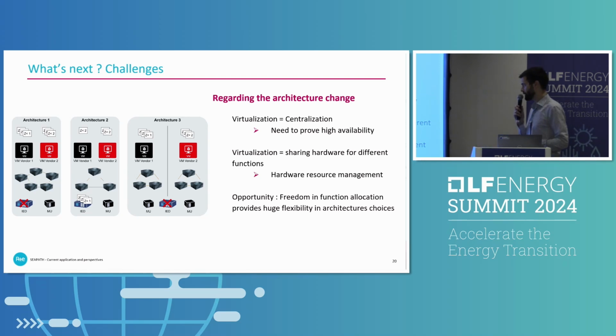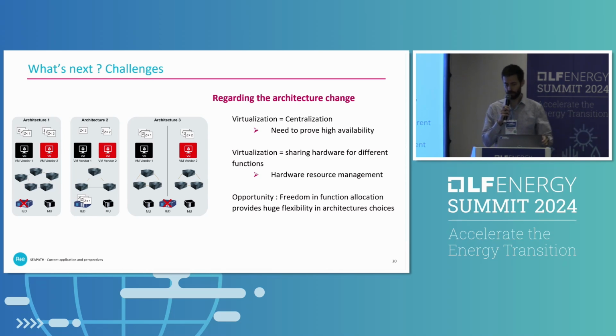But we can also imagine having a hybrid system with IEDs functioning with virtual machines. That's architecture 2. And that might be a transition between the fully IED architecture to a fully virtualized architecture. And we could also imagine having several clusters.